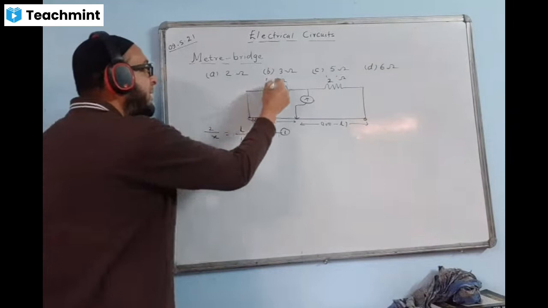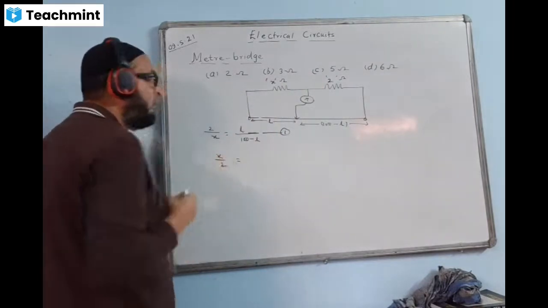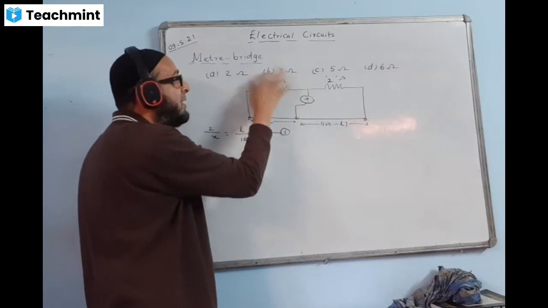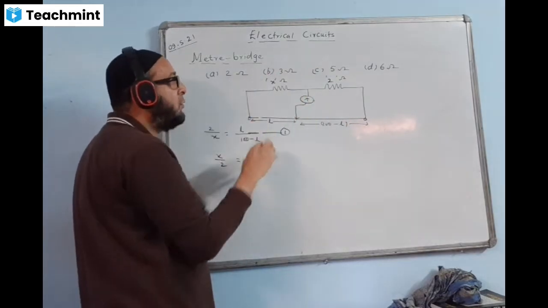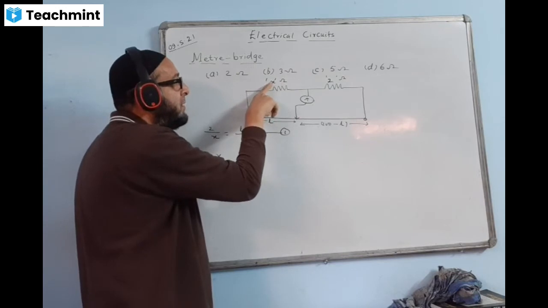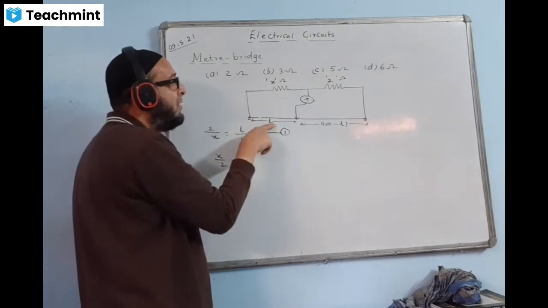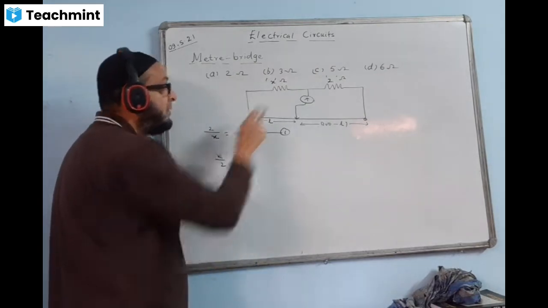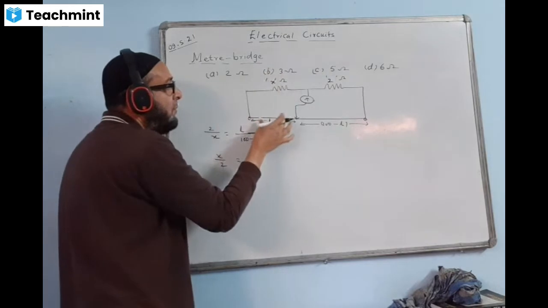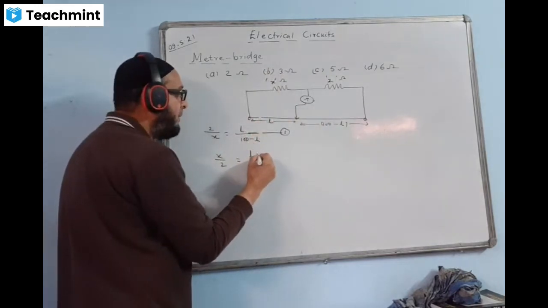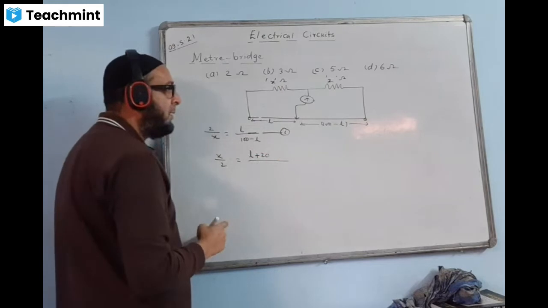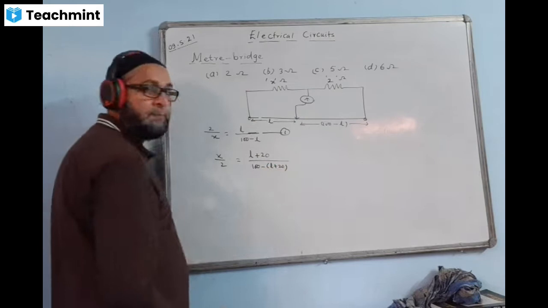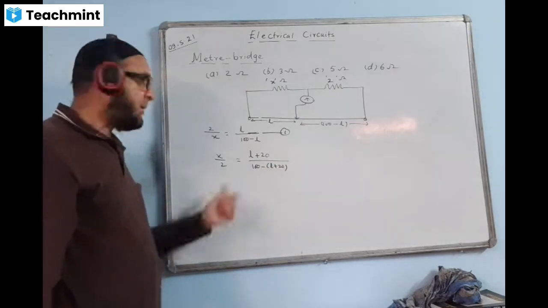Since X is greater than 2, that side length must increase. So X by 2 is equal to L plus 20 divided by 100 minus L plus 20... other side the length will be like this.